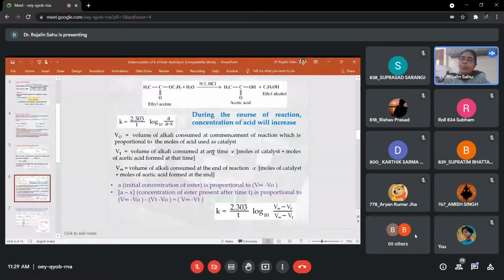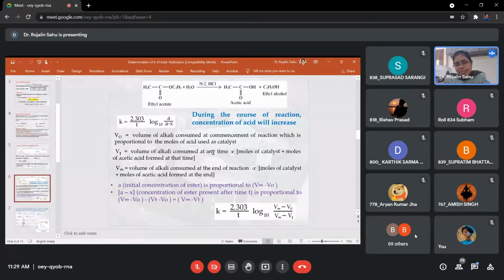Vt is the volume of alkali consumed in a particular time period. Okay, so there you are using cold water, as you have already read in your manual, quenching the reaction with ice cold water.